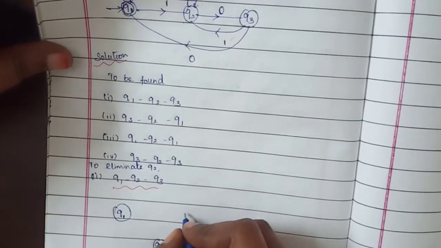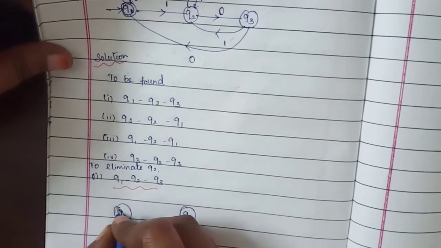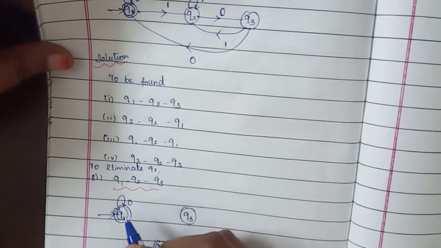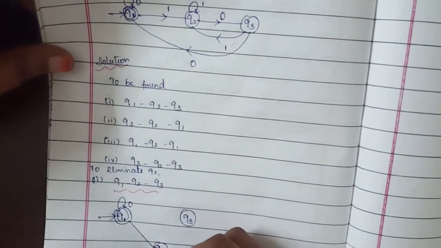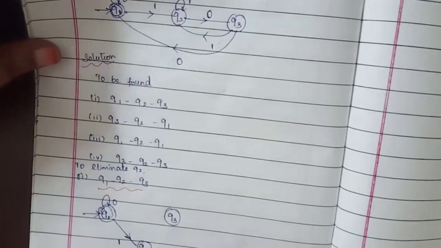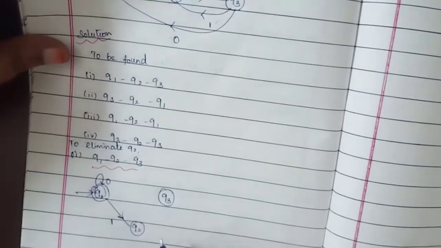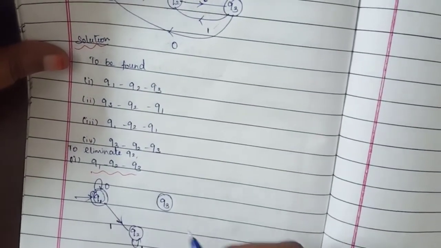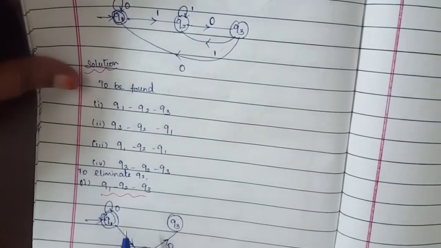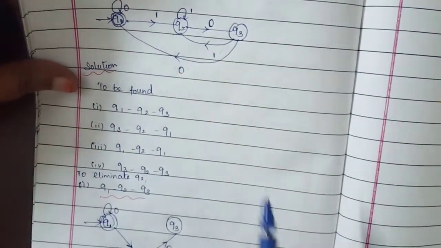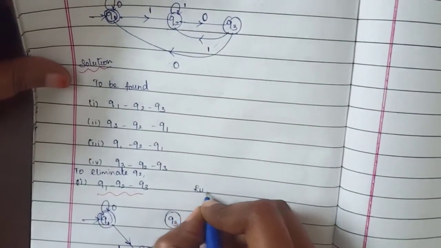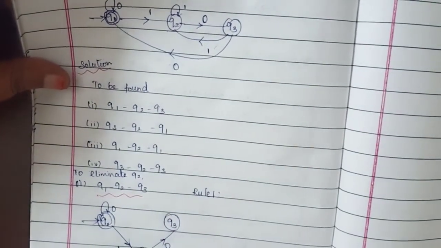From q1 to q2 it goes on 1, q2 has a self-loop on 1, and q2 to q3 it is 0. From q1 to q3 there is no edge. So we follow rule 1 here.